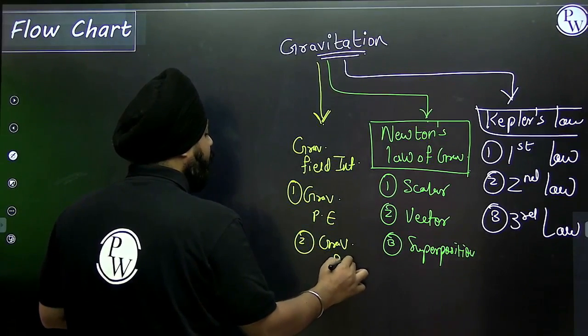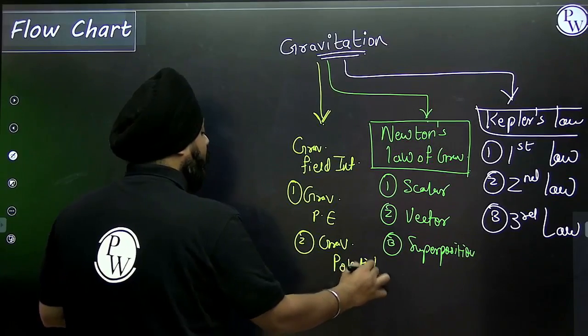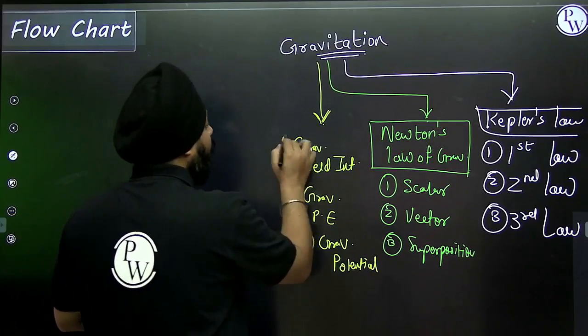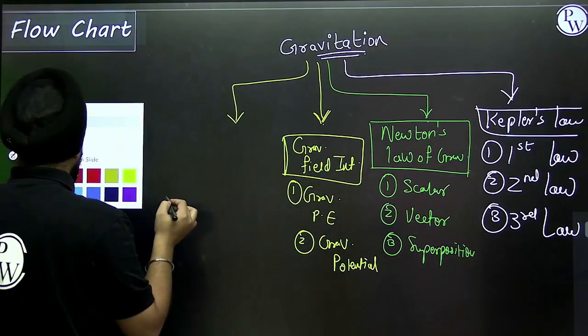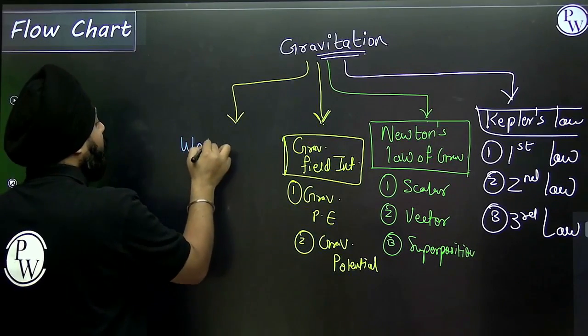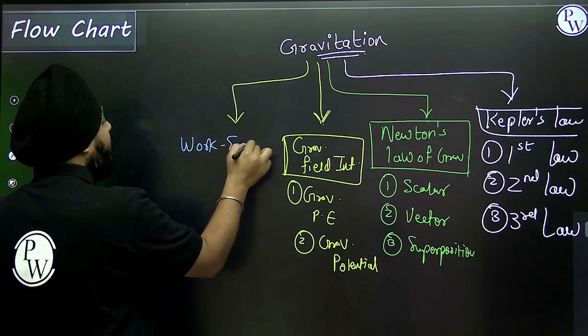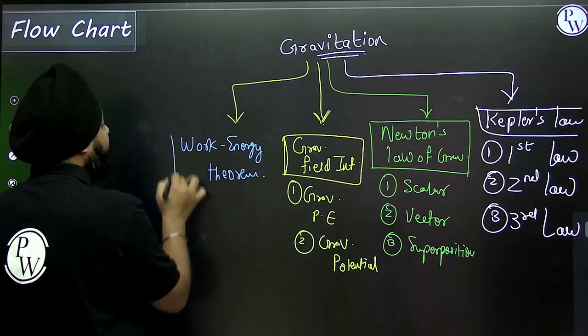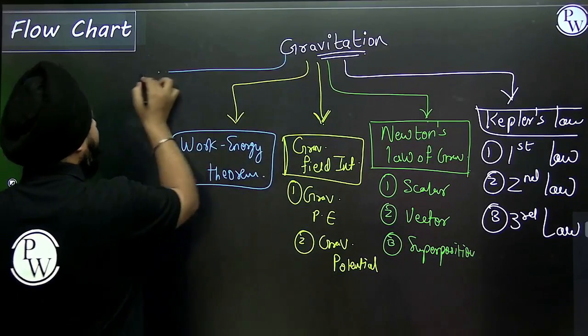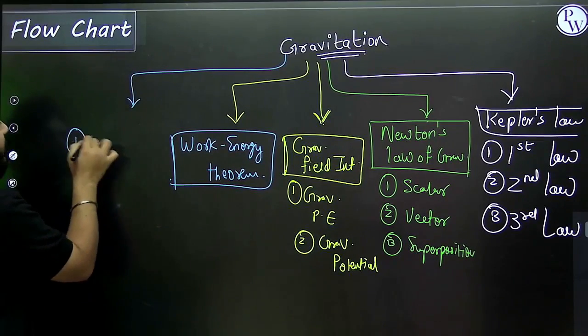What is the relation between gravitational potential and field? The work-energy theorem plays a prominent role in this, and with this we have the concept of escape speed.